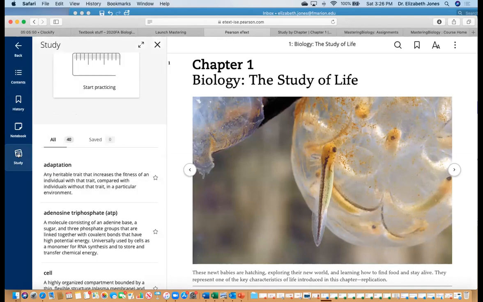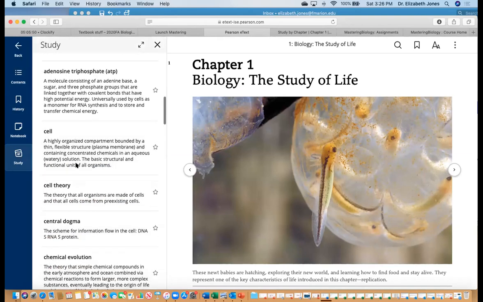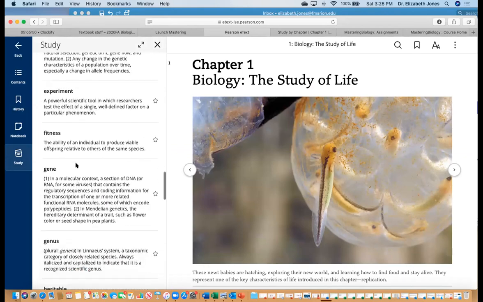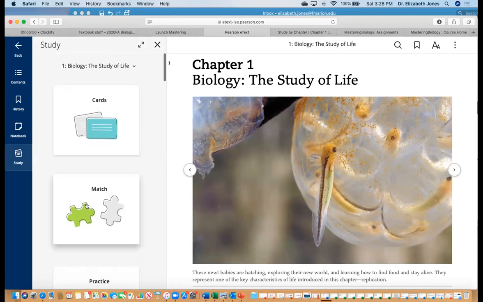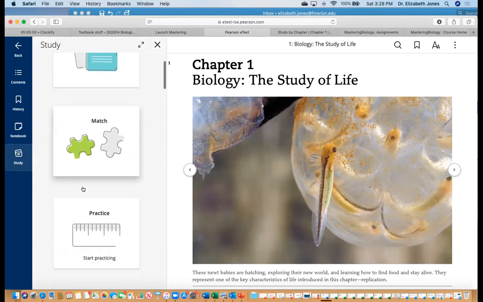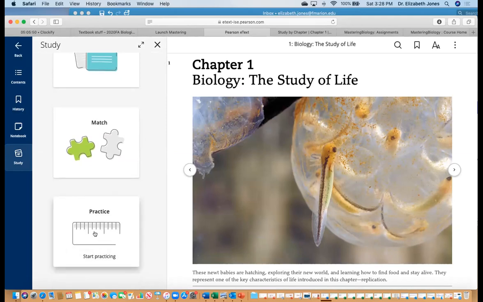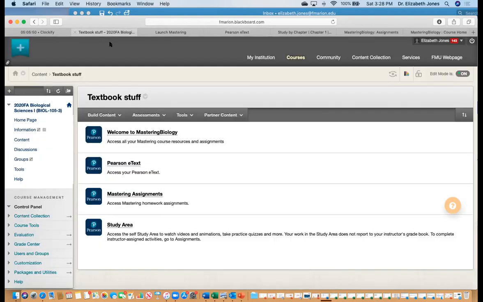So for each chapter, if you click on study, it goes through and it defines all the vocabulary for that chapter for you. And at the very top, you have some different ways to use that vocabulary. You can do flashcards, you can play a matching game, or it'll ask you questions and you can fill in the blank. So that's one way you can navigate your e-text. All right, let's go back to Blackboard. So that's what that link will do for you.